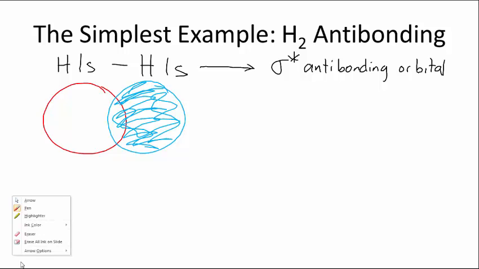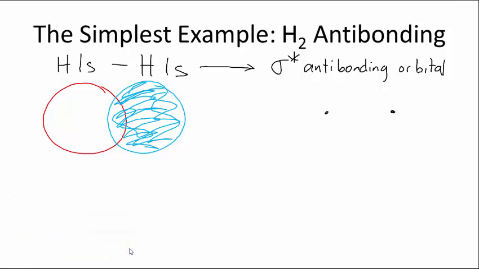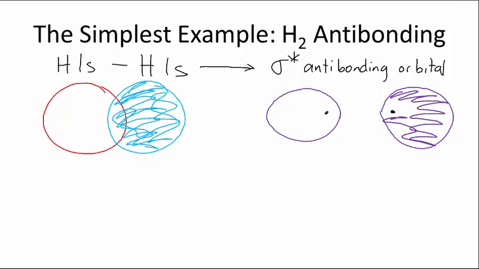And in this orbital, now if I have nucleus 1 here and nucleus 2 here, now the bulk of the electron density is going to be on the outside. All right, so the question is, are they pointed in?